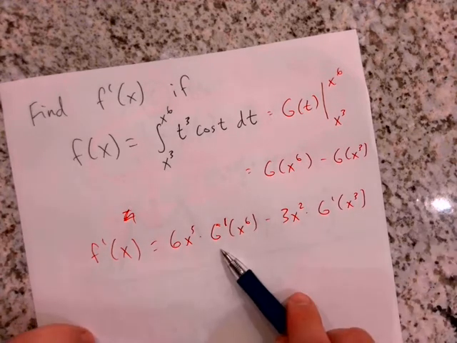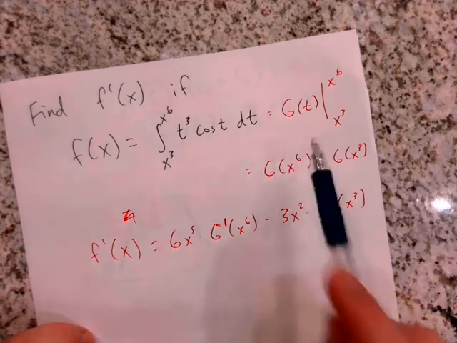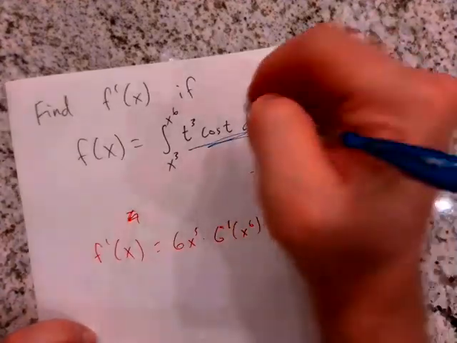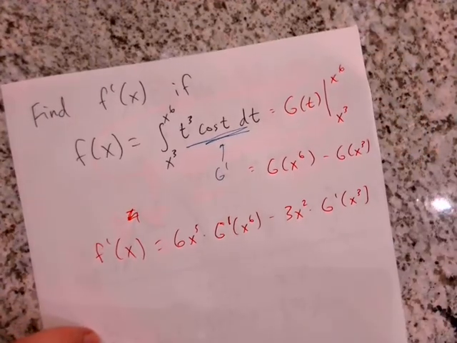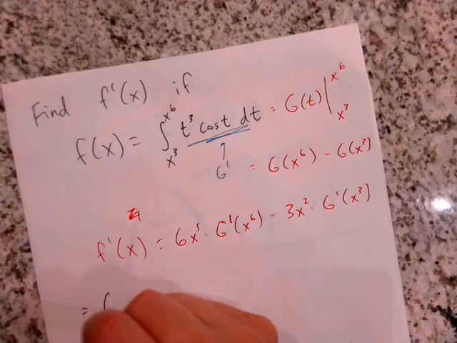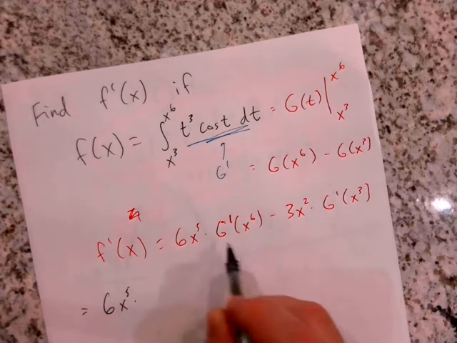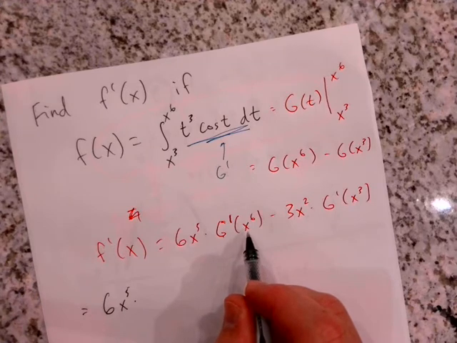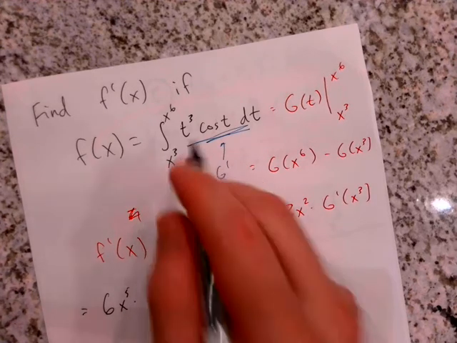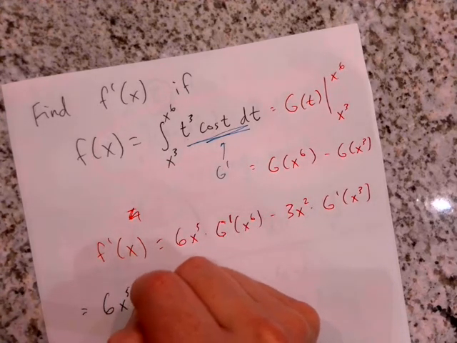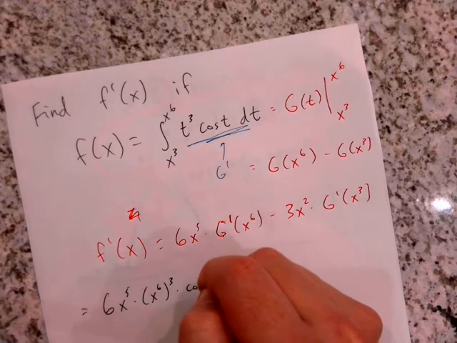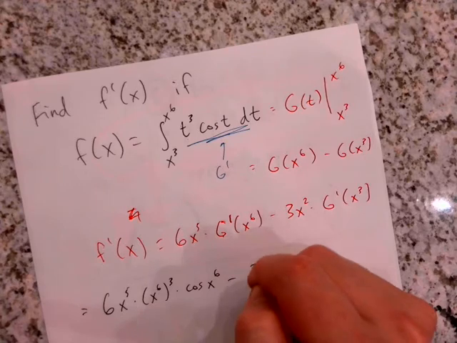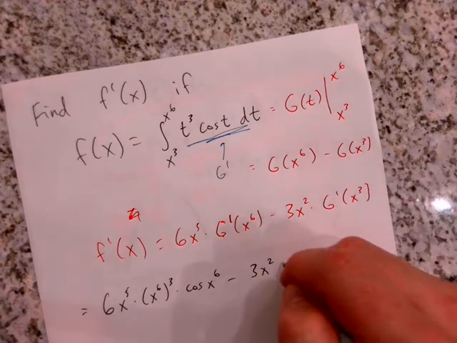And what's G prime? Well, G is the antiderivative of this, which means this is G prime. And so we get our answer. G prime of x to the sixth power, you just plug x to the sixth into there: x to the sixth cubed times cosine x to the sixth, minus 3x squared times G prime of x cubed.